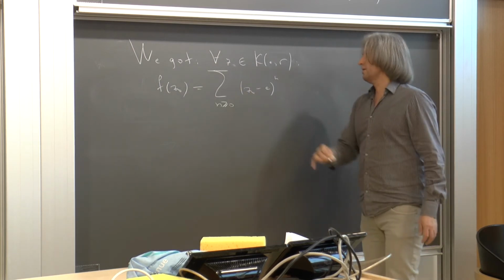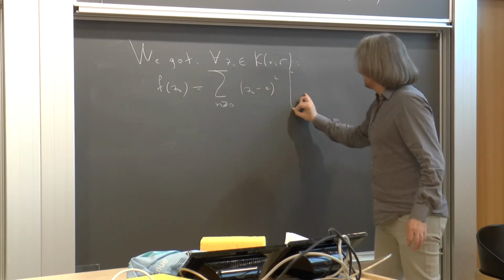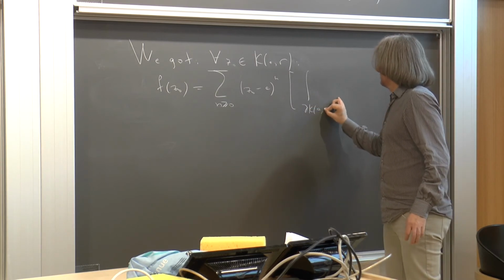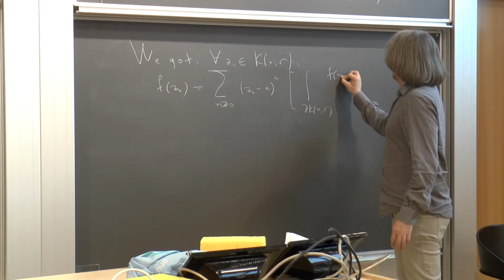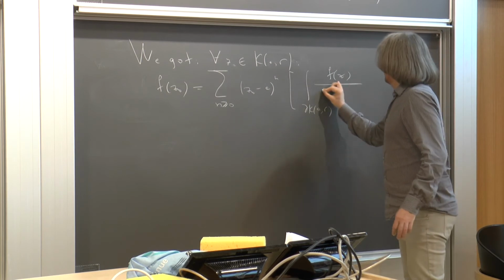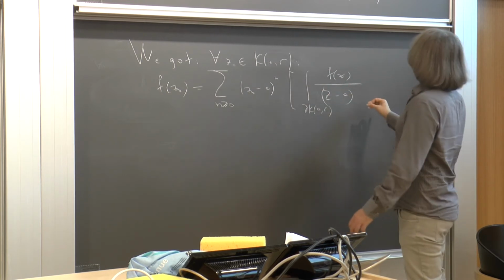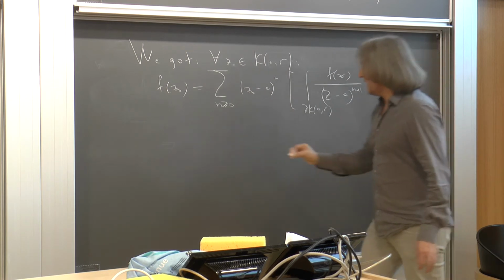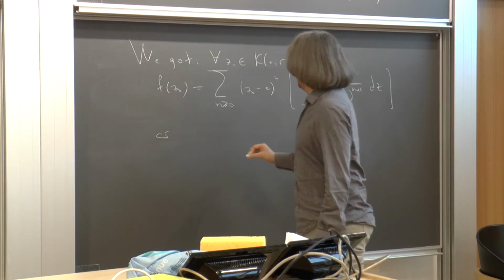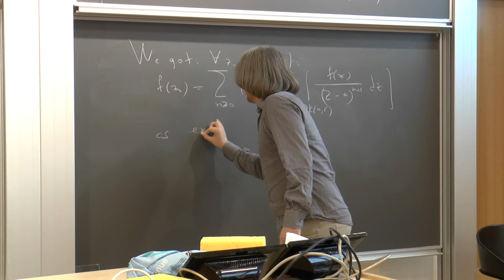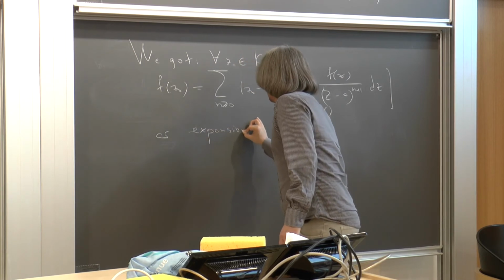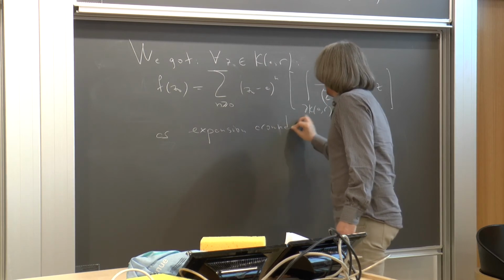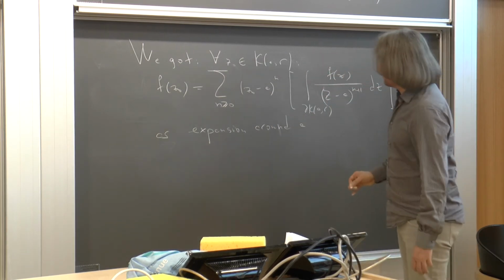So now z naught is the variable, and this is just a coefficient. So this is a series, an expansion around a, and this converges absolutely.